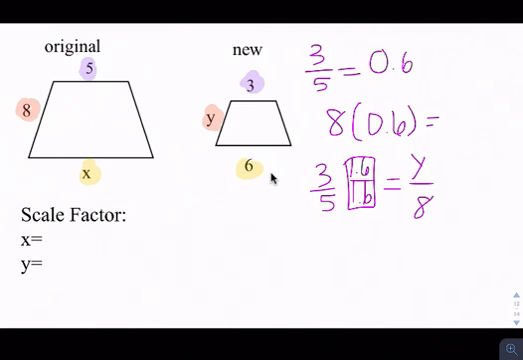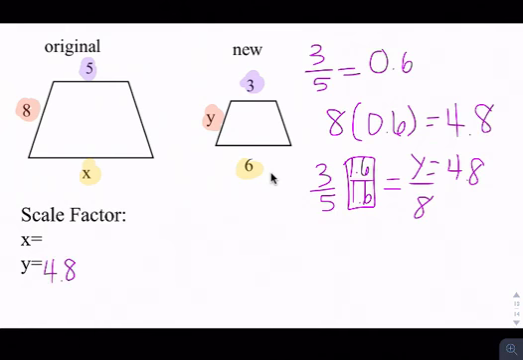So I could do 3 times 1.6, and I get 4.8. Or I can do 8 times 0.6. I also get 4.8. So y equals 4.8.